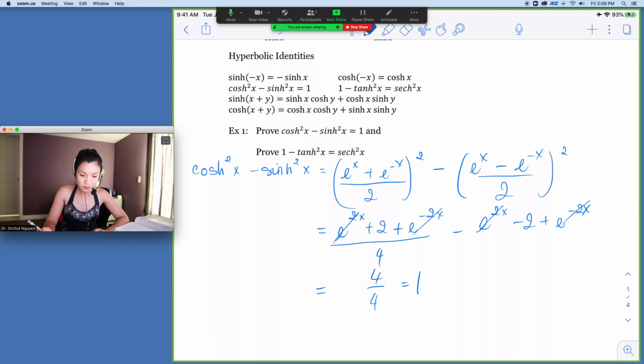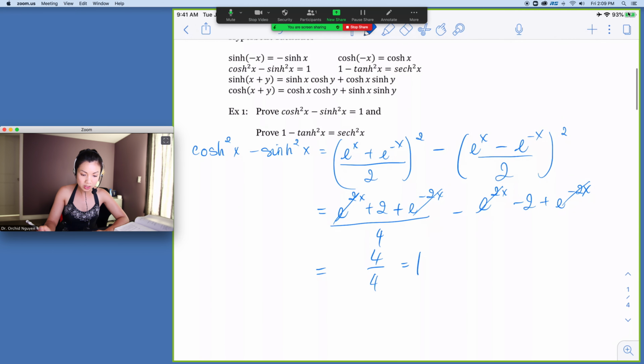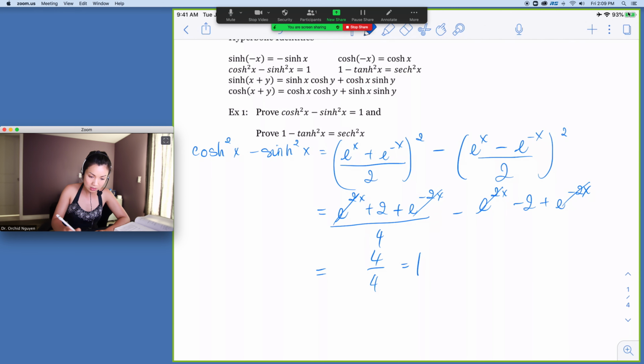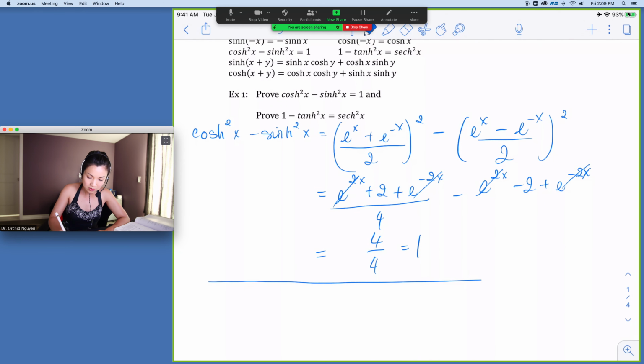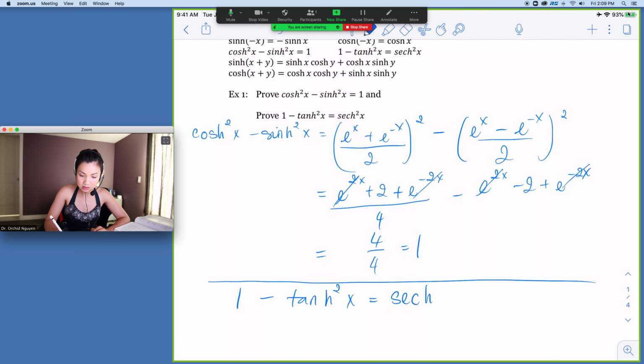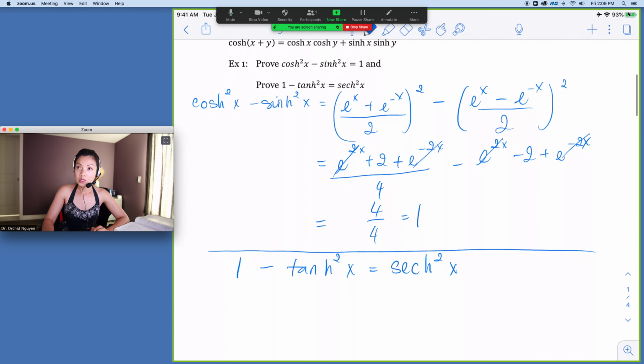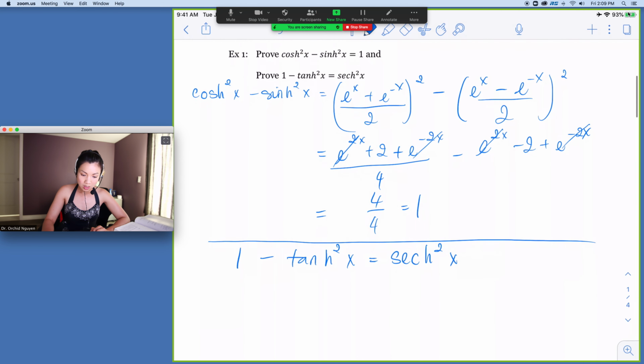Okay, so for the second part, we want to prove that 1 minus the hyperbolic tangent squared is going to be the hyperbolic secant squared. So I'm just going to rewrite the identity we proved earlier.